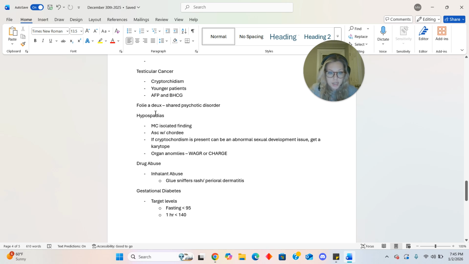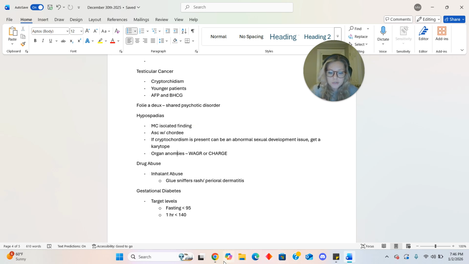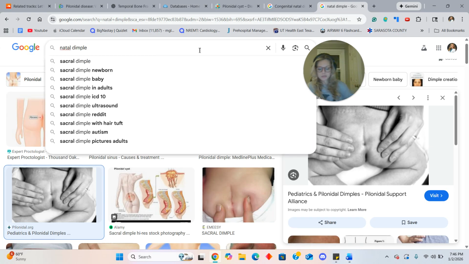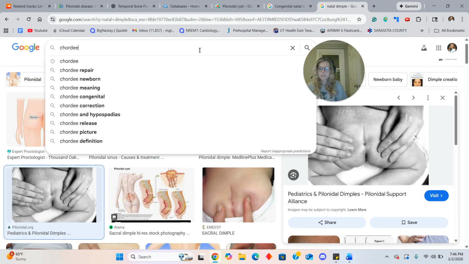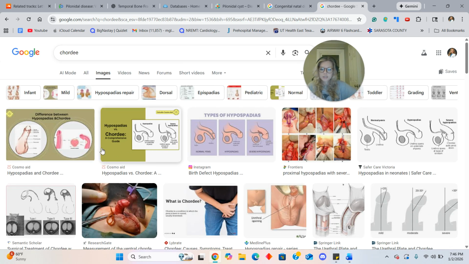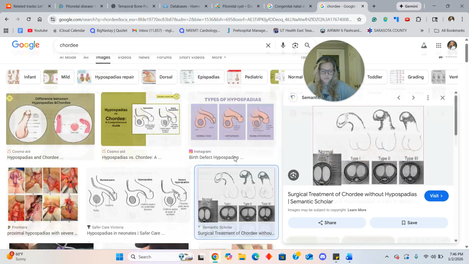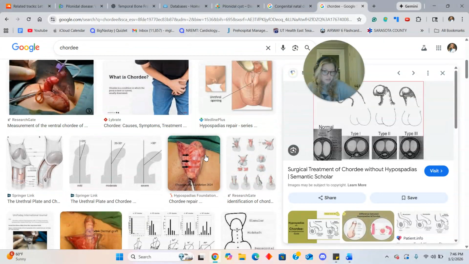Hypospadias, it's typically an isolated finding, but when you see this, they have a risk of different organ anomalies like WAGR syndrome or CHARGE syndrome. It is associated with chordee, which is kind of like Peyronie's, but from birth. I always feel really inappropriate looking these things up. So, it's similar to Peyronie's, but different pathology, though it can be associated with it.